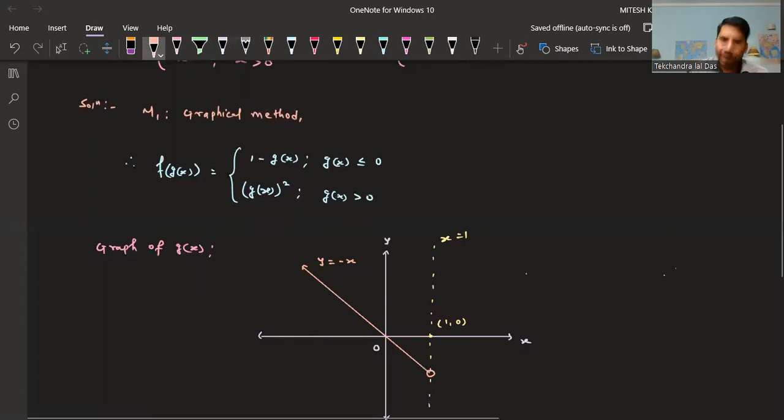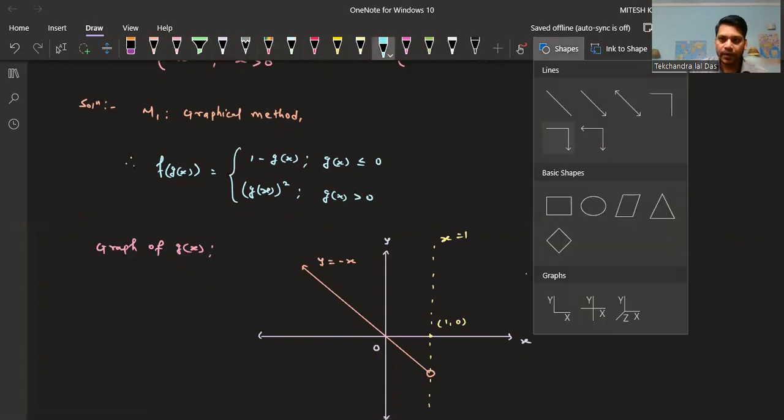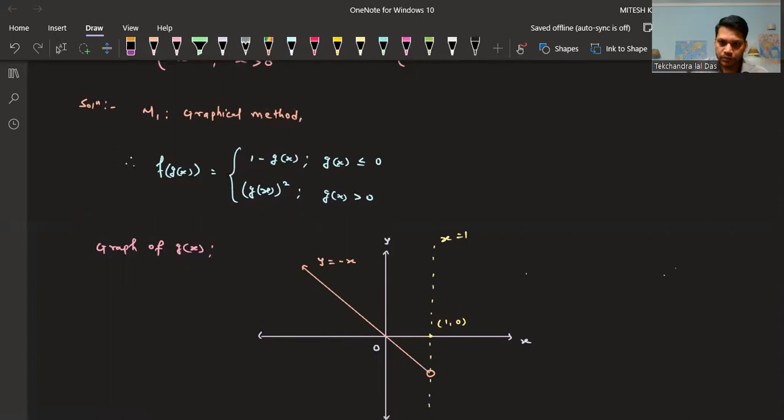Next is y equal to 1 minus x. The function y equal to 1 minus x has slope minus 1, similar to the slope of y equal to minus x. So definitely y equal to 1 minus x is parallel to this line. So we'll draw one line which is parallel to this line and passing through (1, 0).